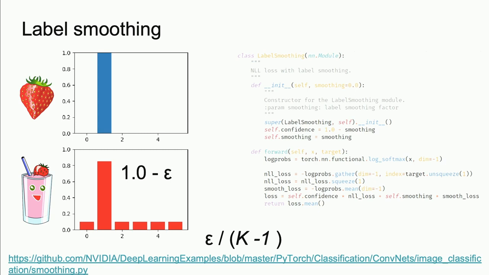The epsilon is typically 0.1, but if you look carefully at label smoothing implementations inside reference repositories, you find that no one modified the target. Instead, all developers just modified the loss. You can find the correct loss in the NVIDIA repository.